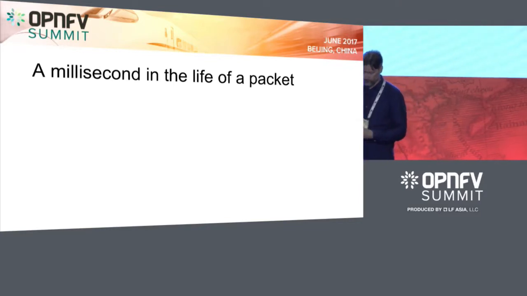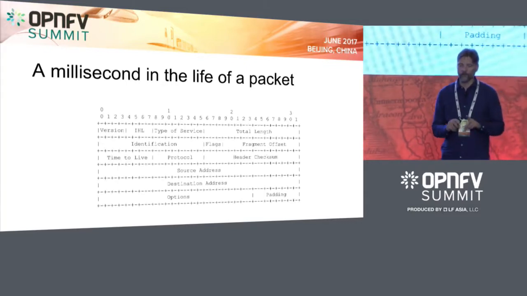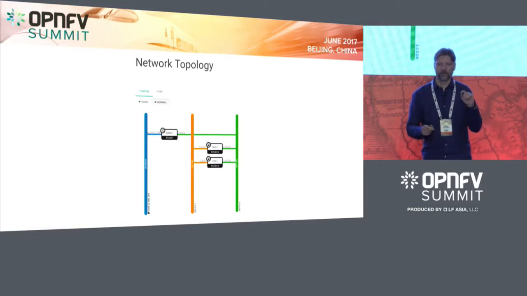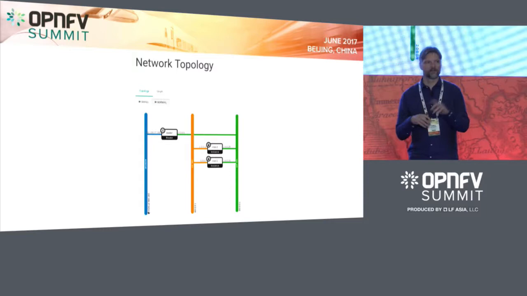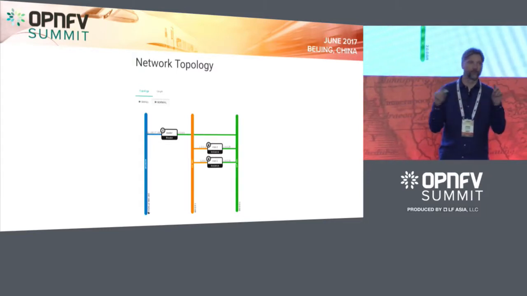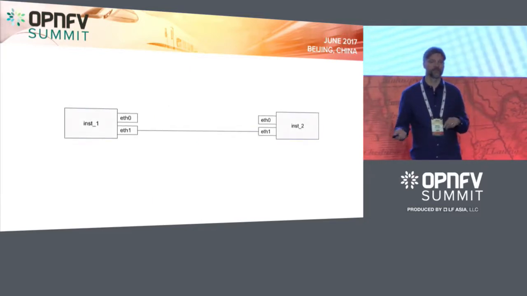So what I did was I took one of our OPNFV systems in our OPNFV lab, and I took an IP packet, of course, and set up a system where I have two virtual machines, and then I have a router so that I can SSH to the virtual machines and set up two networks between the virtual machines. And what I do is the simplest thing possible.